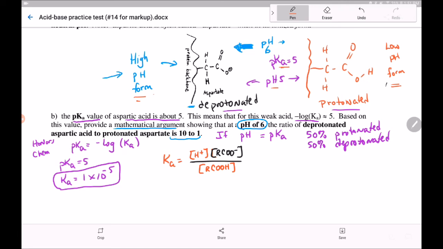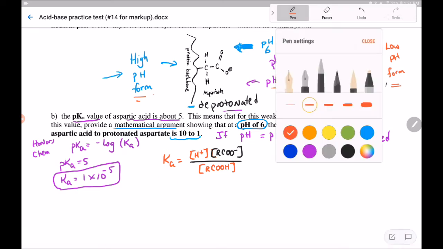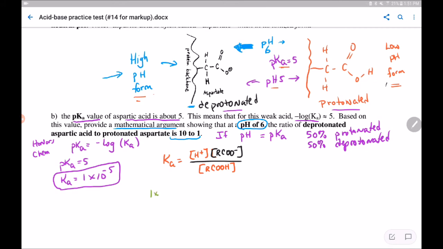So this black to red is the ratio of deprotonated to protonated. And if we put in the actual numbers, Ka is a number, 1 times 10 to the minus 5, because pKa is 5. H plus, the pH is 6, so H plus is 1 times 10 to the minus 6 molar.